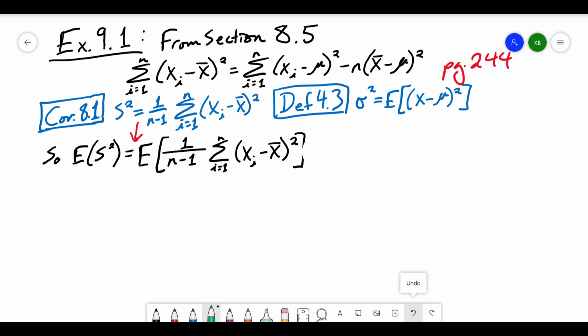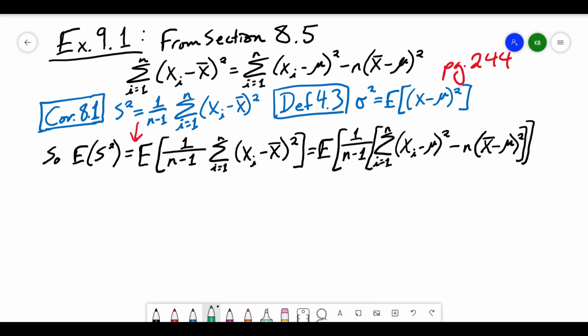Now, using that equality from section 8.5, what we're really finding is the expected value of 1 over n minus 1, and then replacing our sum with this sum of our xi's minus our population mean squared minus n times x bar minus our population mean squared. So we want to find that expected value.